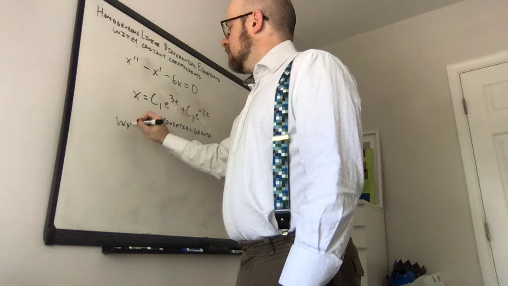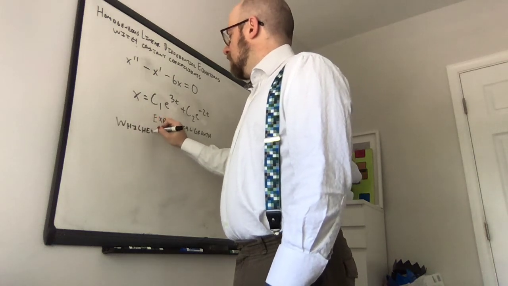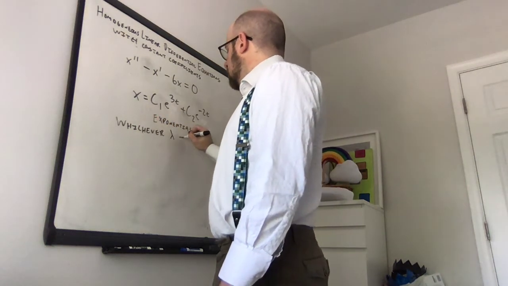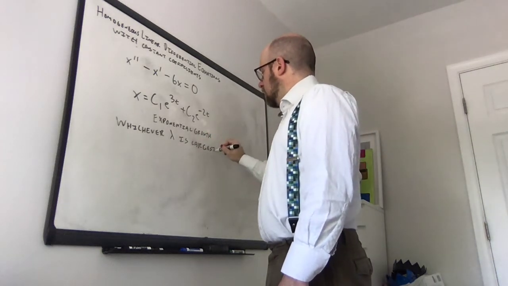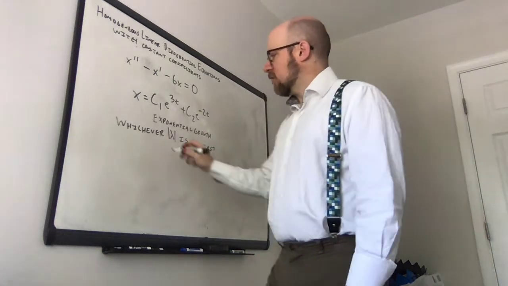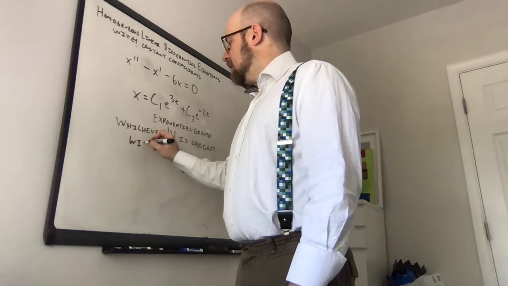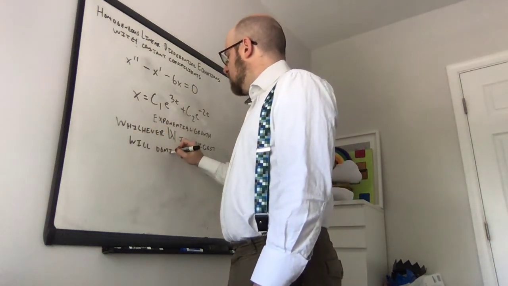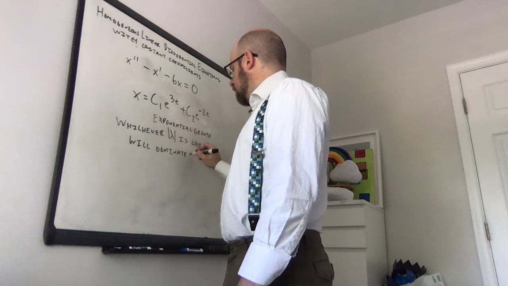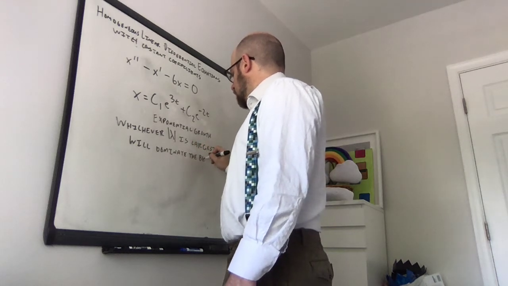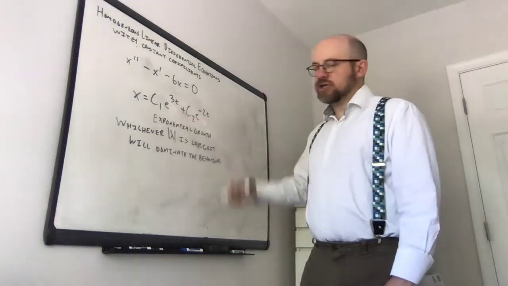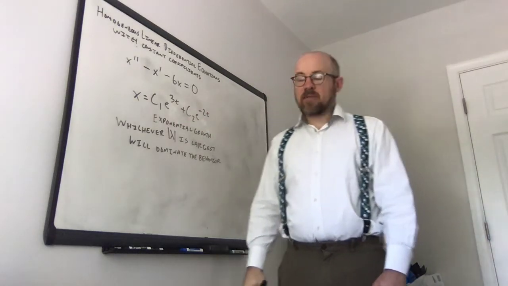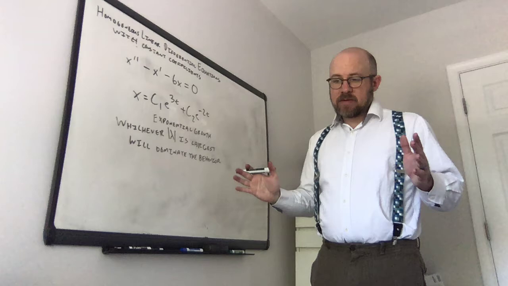So whichever lambda is largest, let me actually say the absolute value of lambda is largest, will dominate the behavior. Right? So 3 being larger than negative 2 means that that's going to dominate the behavior eventually.